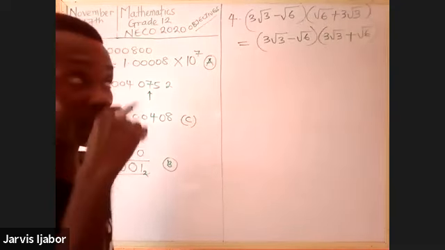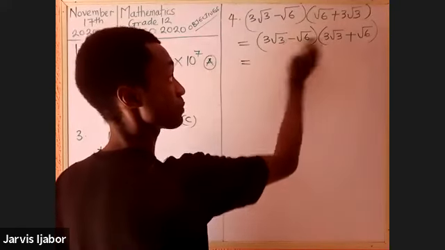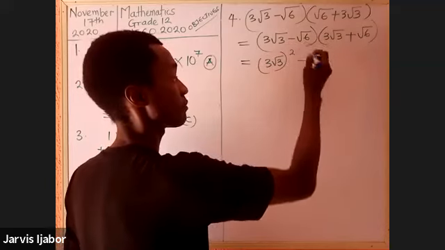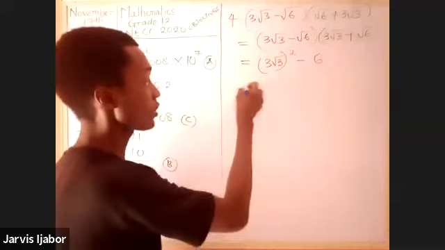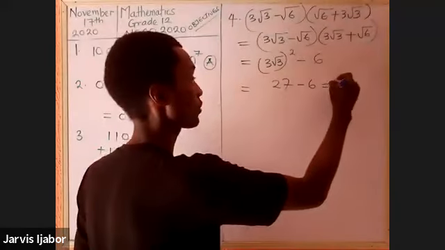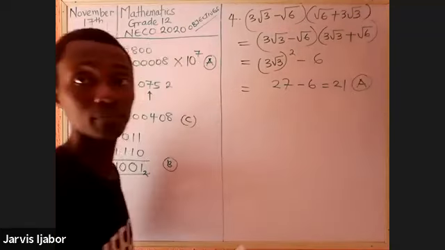And we know that for surds, when you have this setup, you just multiply the first 2 terms of the brackets minus the last 2 terms of the brackets, which will give you 6. So what does this give you? This will give you 9 times 3, that's 27, minus 6, and that will be 21. So your answer in that setup will be what? A. All right?